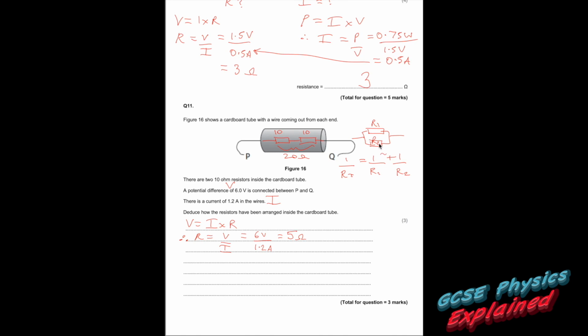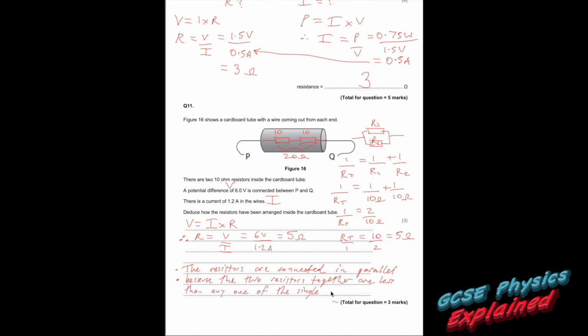And in fact, if you've got 10 ohms and 10 ohms, it will actually be 5 ohms. So the resistors must be connected in parallel because the 2 resistors together are less than any one of the single resistors. That's how we see it at GCSE.